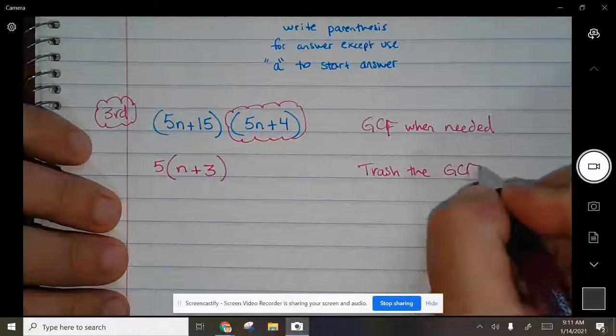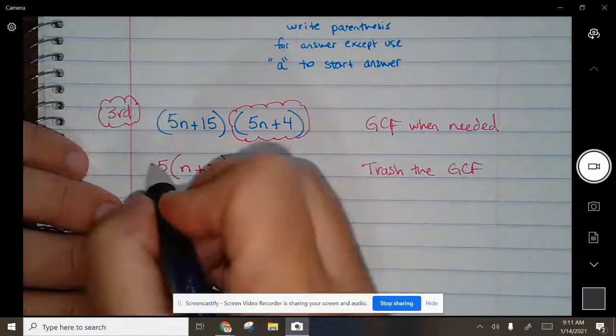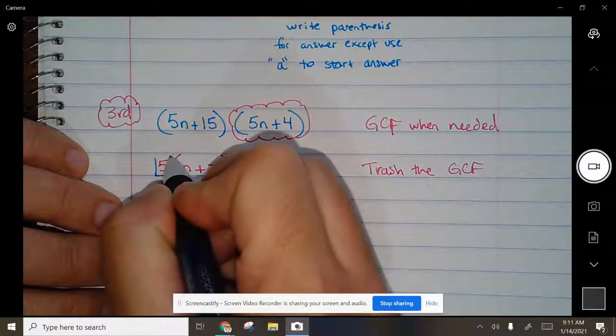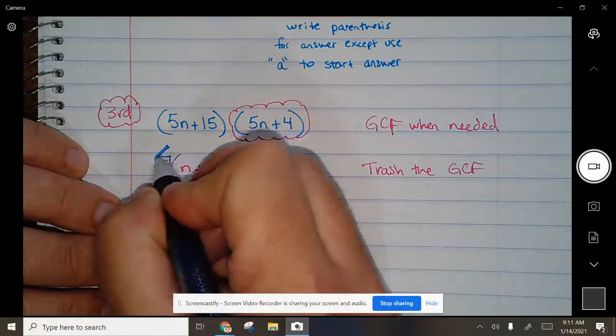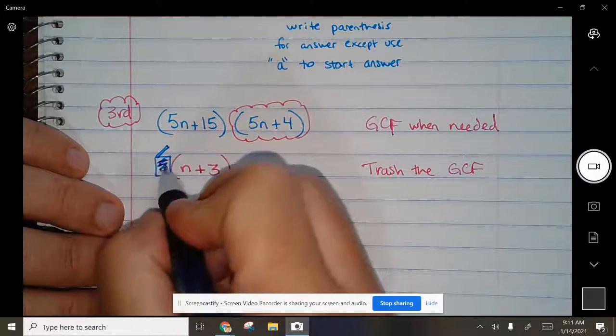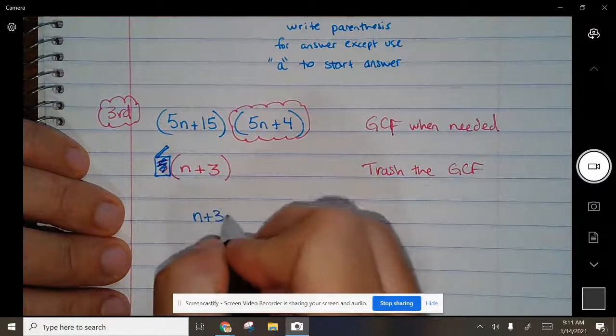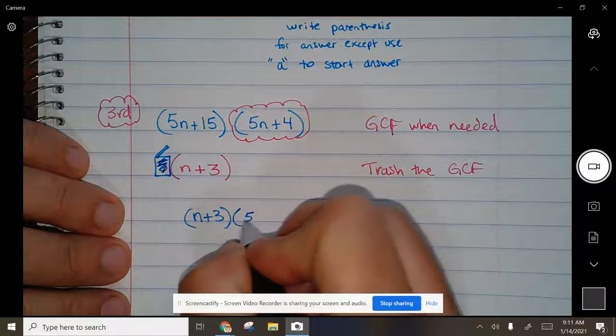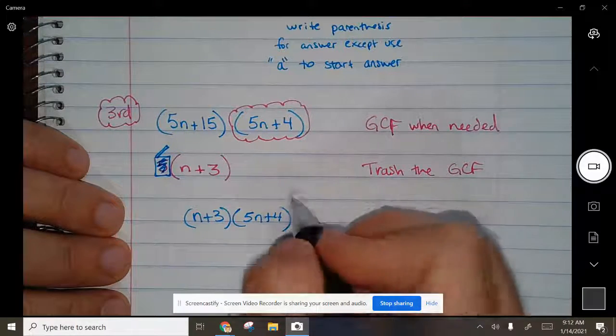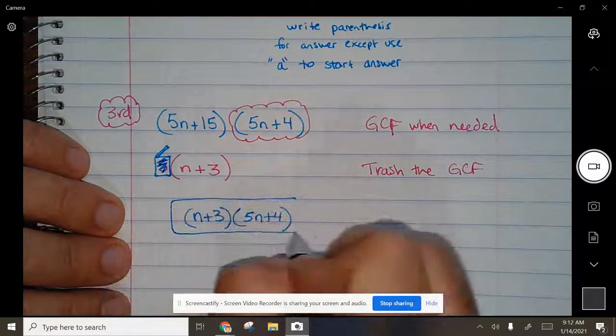Whatever you pulled out, trash it. So this is now going in the trash. It's no longer needed. Okay? So your final answer is going to be n plus 3, 5n plus 4. Those are both factors that are going to work.